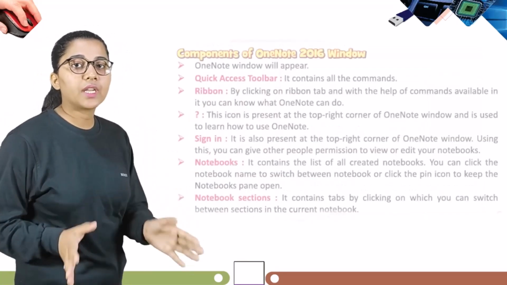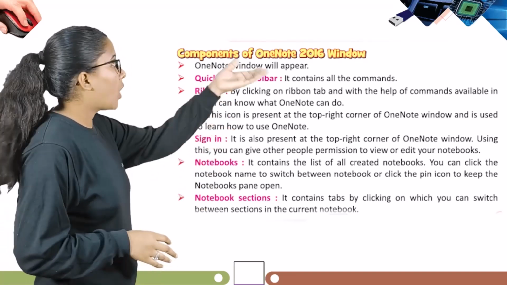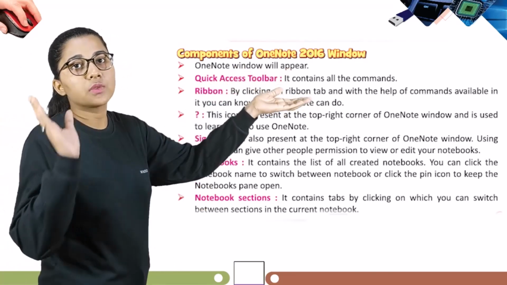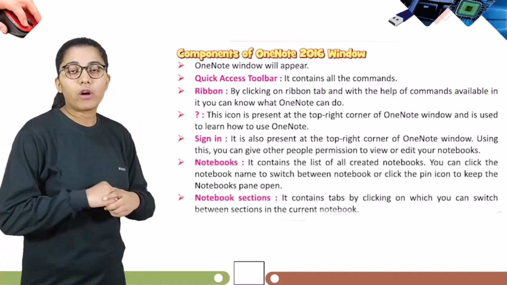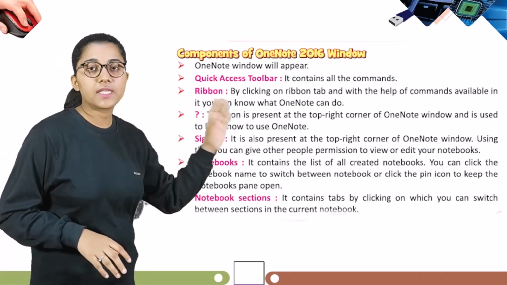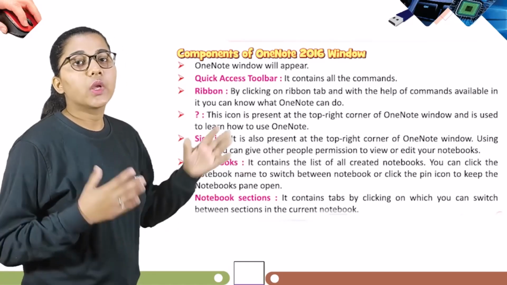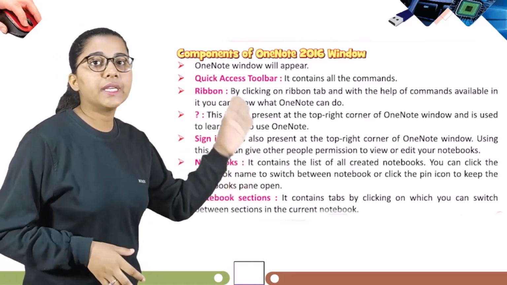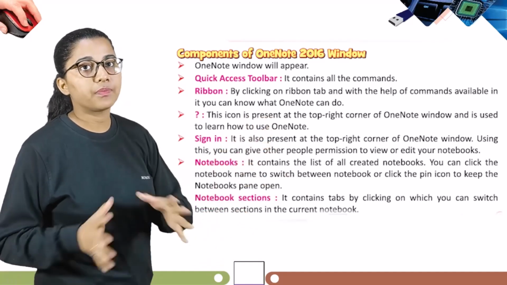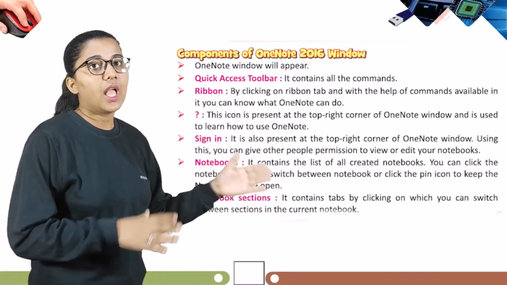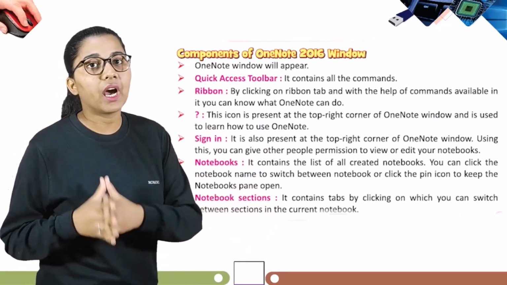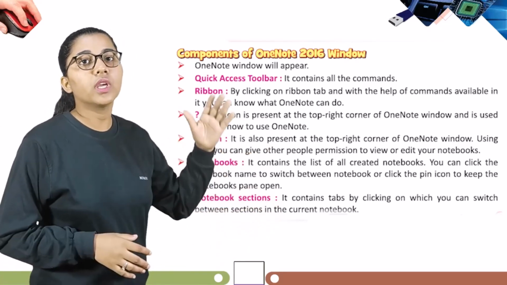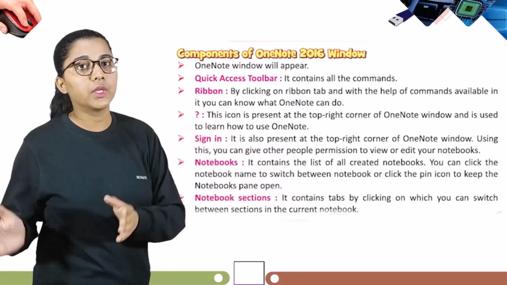Now students, let's start our new topic, that is components of OneNote 2016 Windows. What are the components of OneNote? Let's discuss. First we have the quick access toolbar. It contains all the commands. Then we have the ribbon. By clicking on a ribbon tab and with the help of the commands available in it, you can know what OneNote can do.